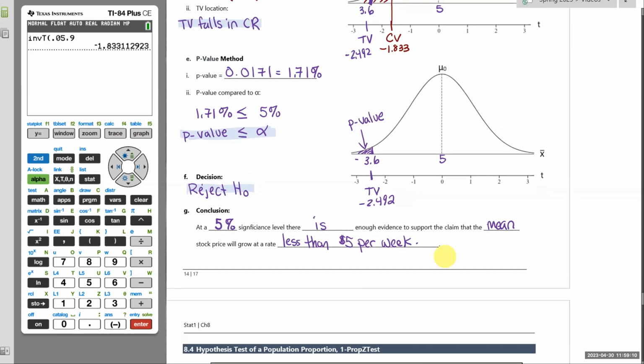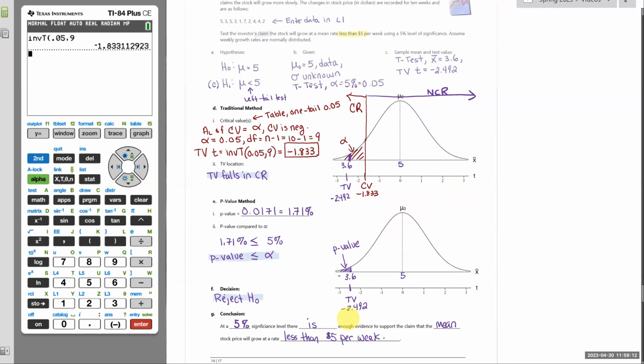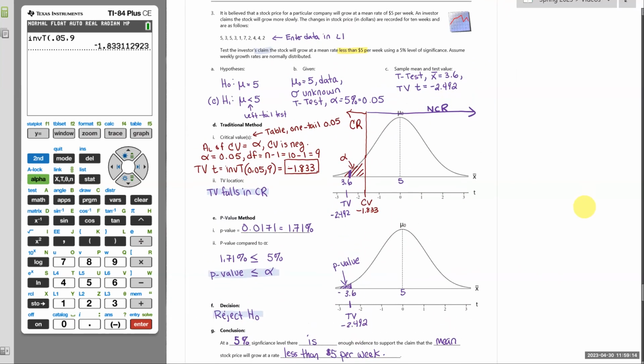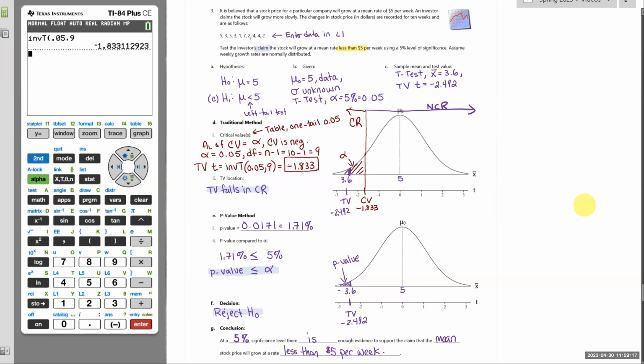All right, so there you have it. Left tail test when you are given problems with the original data.